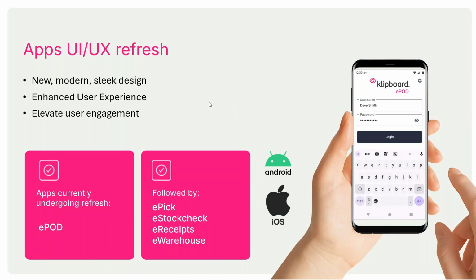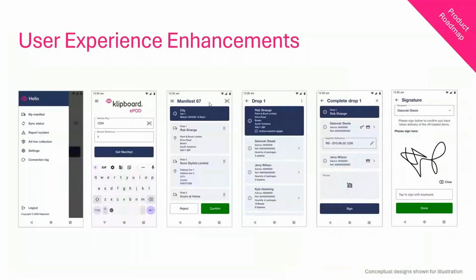Next slide, please, Ash. So just building on that last slide, I mentioned that the proof of delivery app, ePOD, is the first app to undergo the UI upgrade. I've got some screen designs here that I wanted to show you today, just as a bit of a sneak peek as to what the app's going to look like once it's undergone that UI refresh.